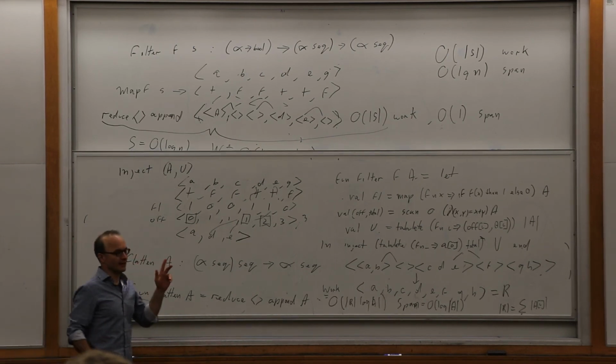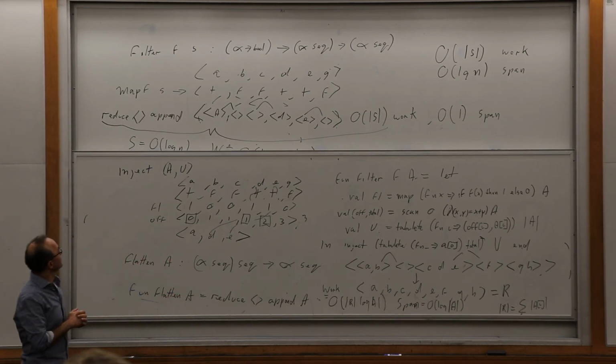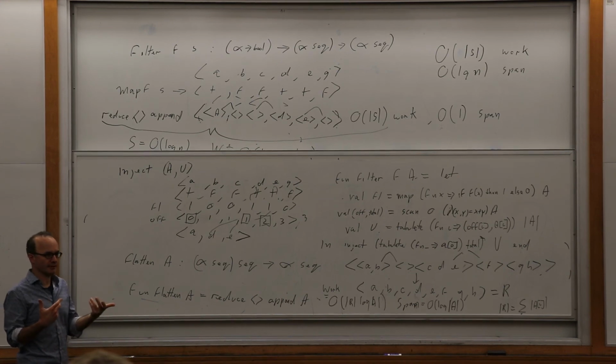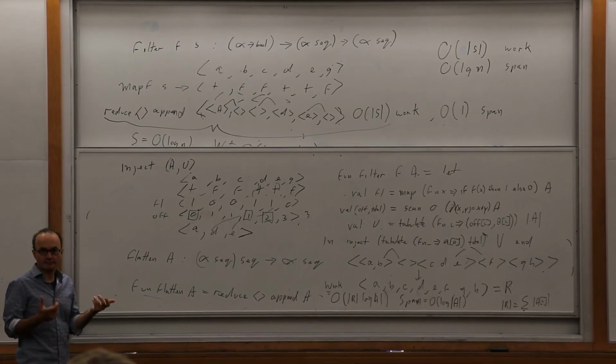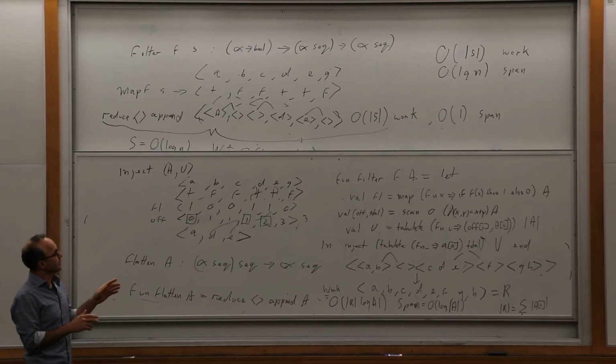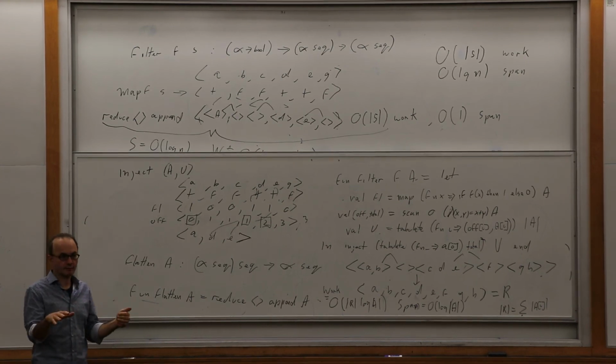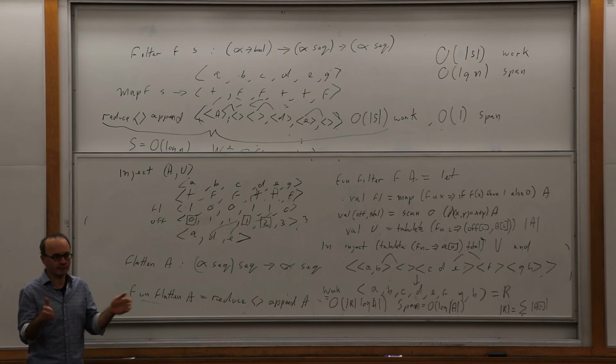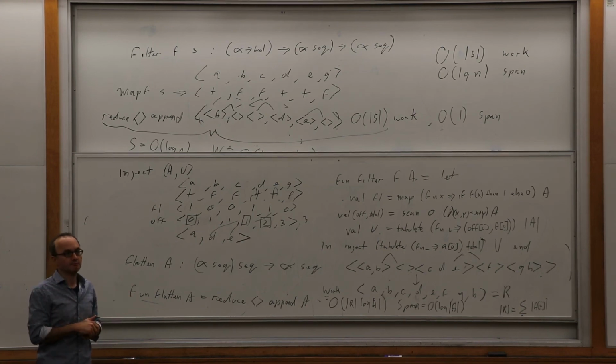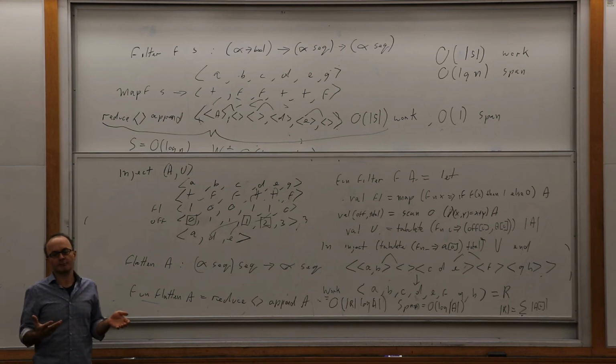So, remember in the first lecture, we briefly talked about how update is expensive, right? If you do a single update, it requires linear work. It's constant span, but it's linear work, very expensive. And you'll hear a lot, if you go talk to people, they will tell you that functional programming doesn't work because an update takes linear work.